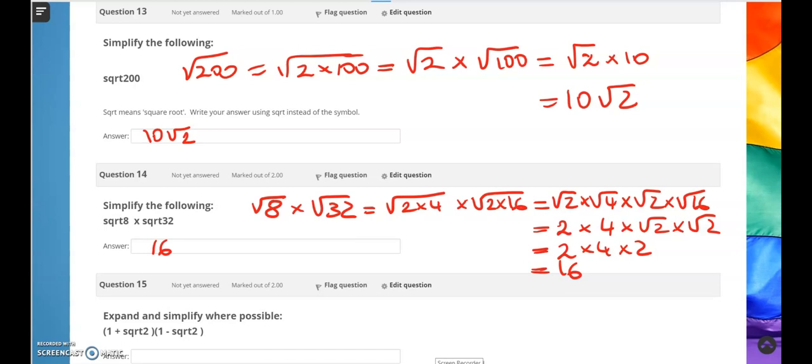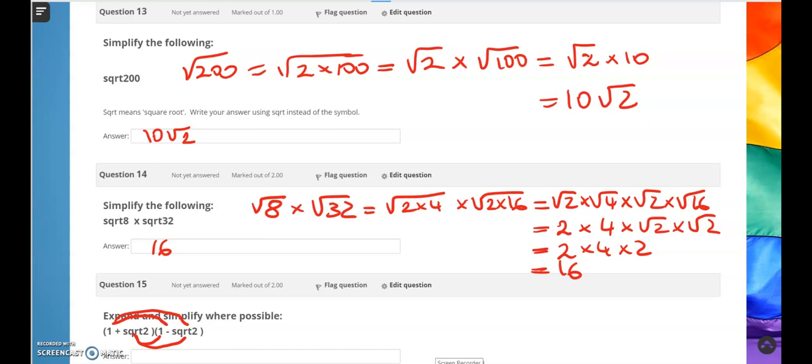In question number 15, we've got expand and simplify where possible. We've got 1 plus square root of 2 times 1 minus square root of 2. So we'll expand the brackets by multiplying 1 by 1 and then by negative square root 2, and then multiply square root 2 by 1 and by negative square root 2.